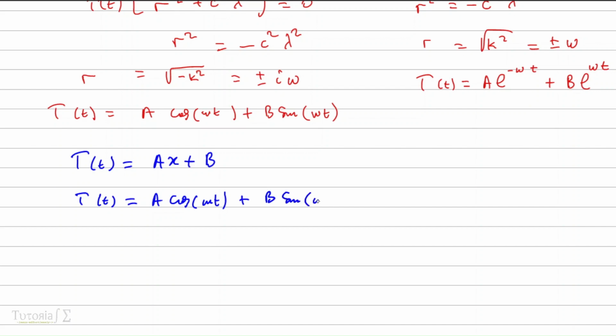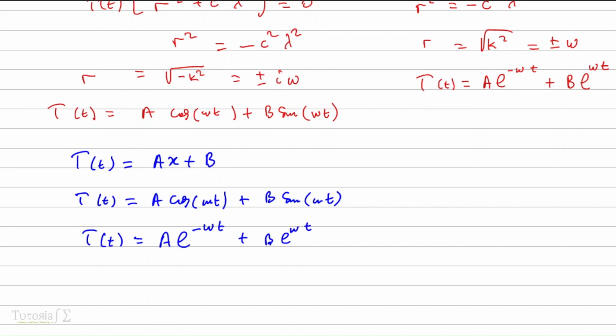The other solution was A e raised to the negative wt plus B e raised to the wt.